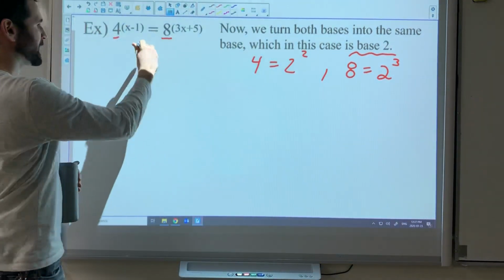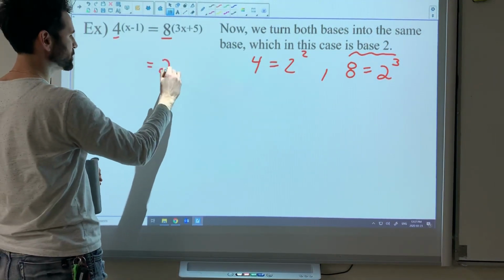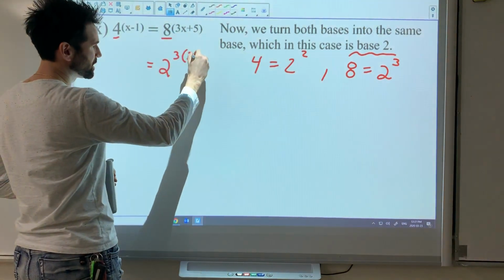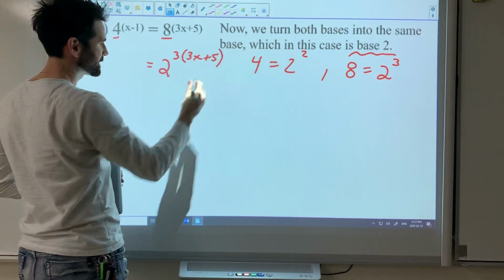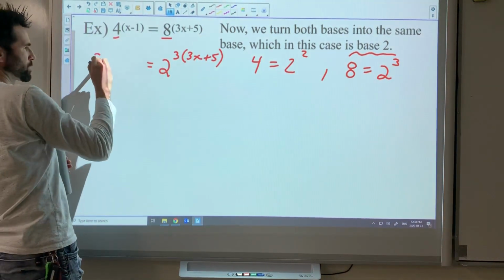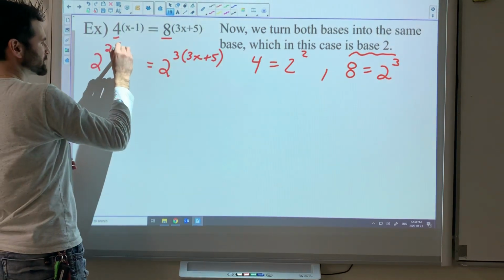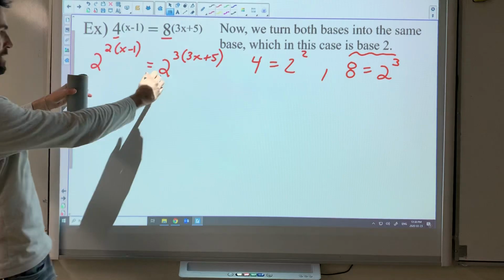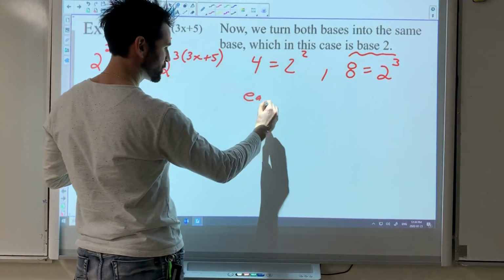So instead of writing 8 over here, I could write 2 to the power of 3, and then I still have that exponent, so I'm going to multiply like that. This is still 8. Over here, instead of writing 4, I could go 2 squared times x minus 1, so still in the exponent.